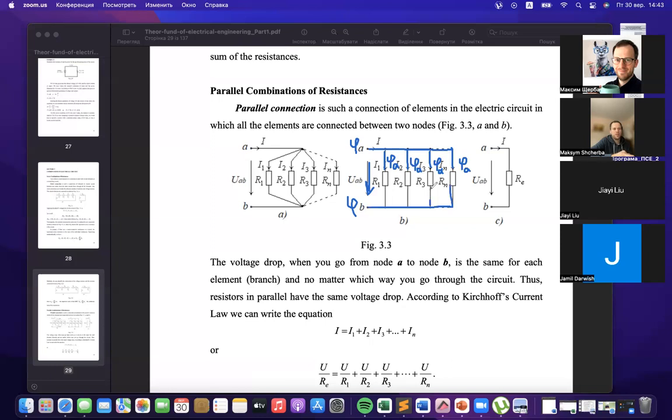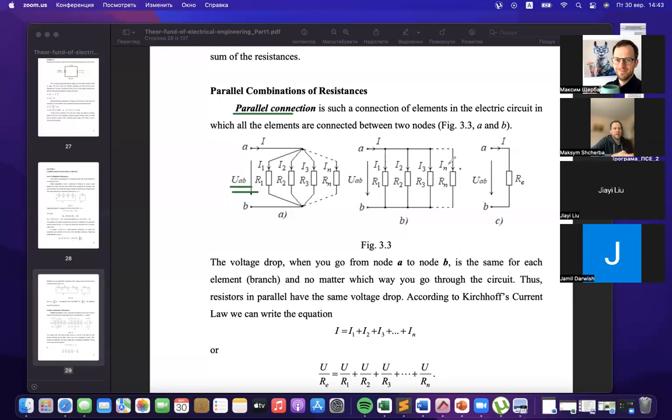And for the opposite part, the same idea with potential B. Potential moves through the metal wire, and we obtain that for each element we have the same voltage: voltage AB for the total circle, voltage AB for the first element, for the second element, for the last element. All elements with AB. It is called parallel connection, with constant voltage.